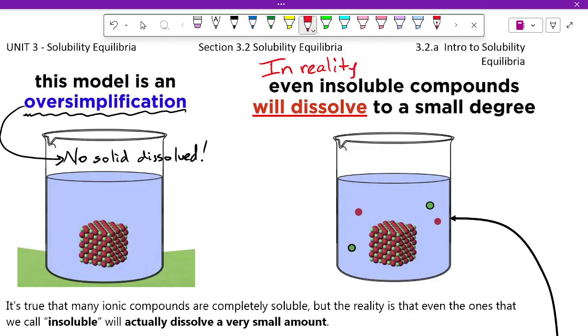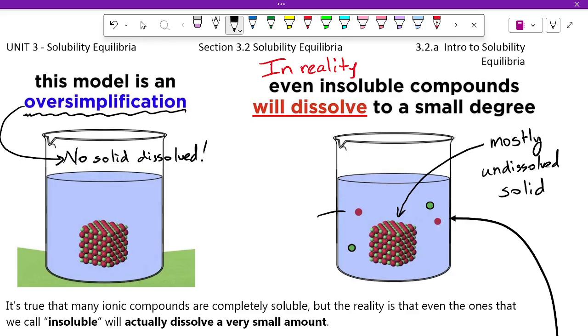So they are mostly undissolved solid, but we have a tiny amount of dissolved ions, a tiny amount of dissociated ions.